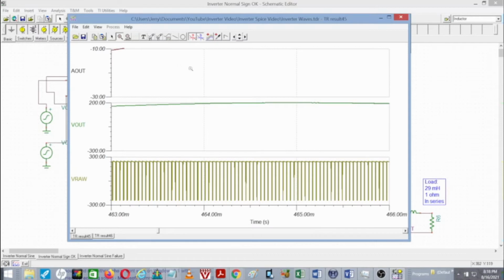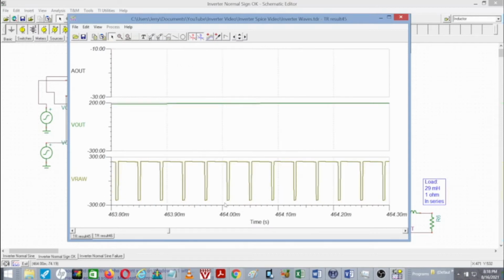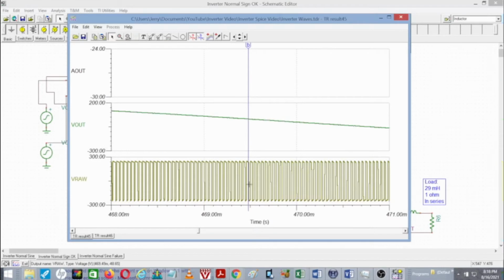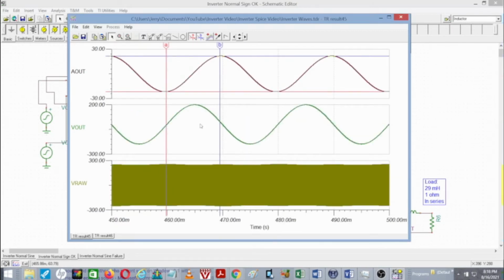We go in a little bit closer here. When it's up positive, you can see that the pulse width modulation is mostly positive. And if we focus on a zero crossing, you can see that the pulse width modulation is very close to equal duty cycles on either side to create zero. So that's our basic pulse width modulator operating properly into a 29 millihenry, 1 ohm load.